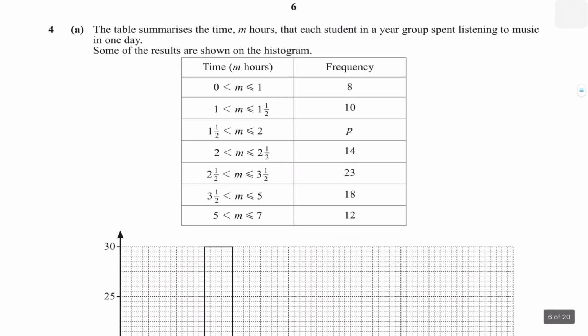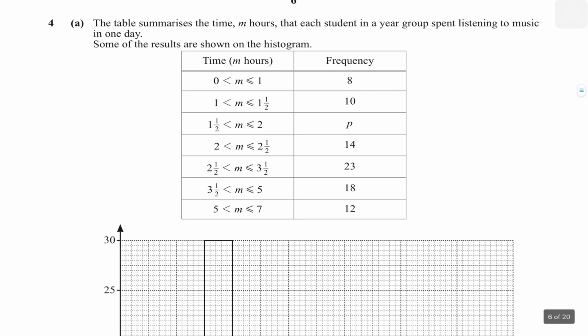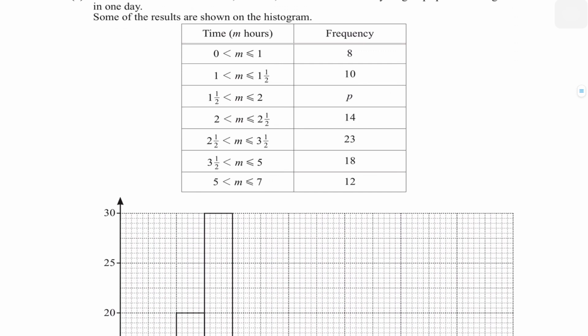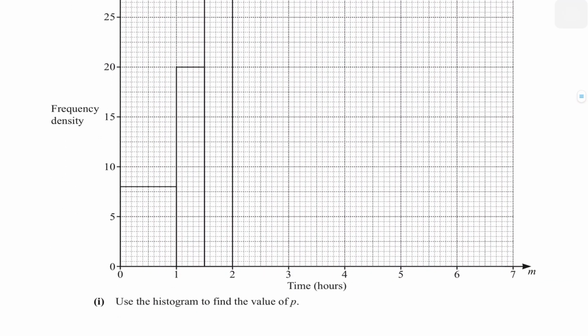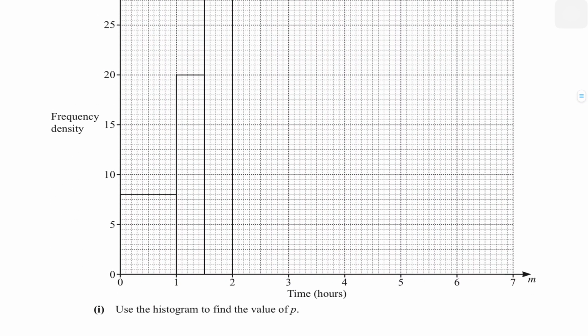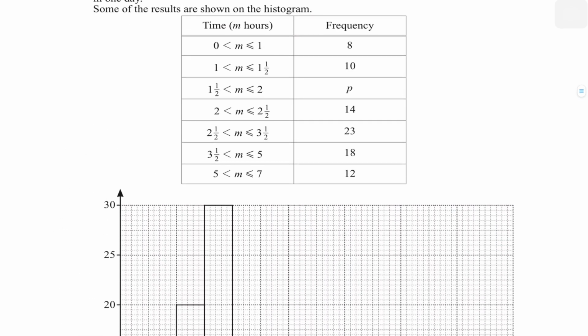Now let's do question number 4, where we have a table which summarizes the time in hours that each student in a year group spent listening to music in one day. We have the data in front of us, and here we have a frequency density diagram, basically a histogram.